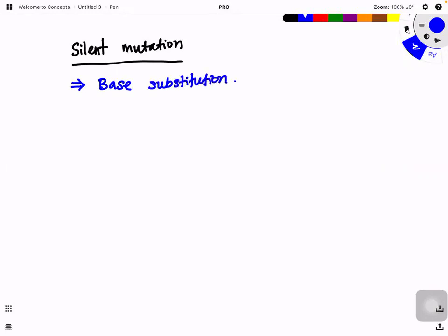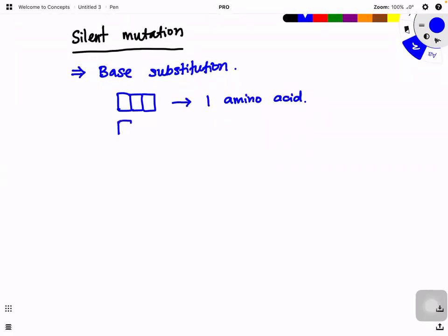If you still remember, recall our DNA triplet code: a three-letter code for one amino acid. But it's not only one code. We have more than that. It means we have another code that also codes for the same amino acid.